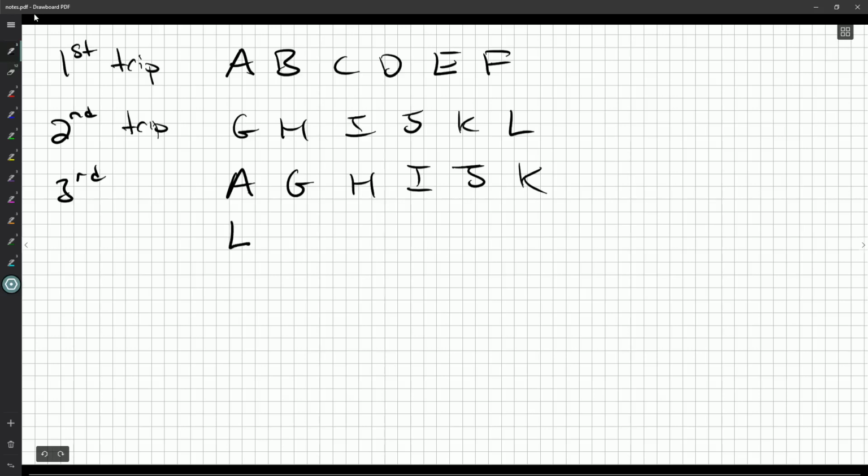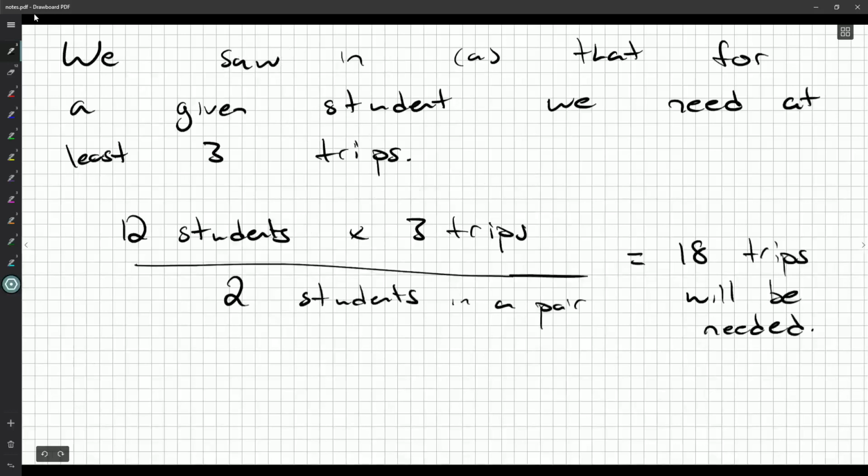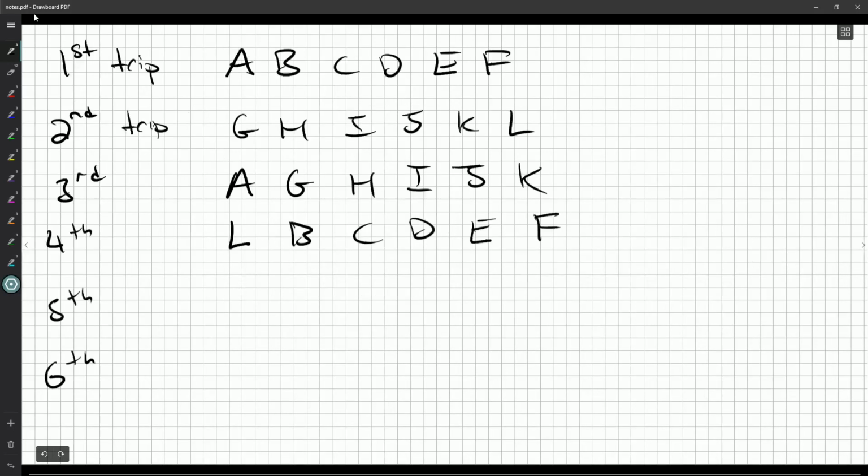Now we could have L be with B, C, D, E, F. Still don't have L and A together, which is not good. But I'm definitely thinking that we might need... There might be another way to view the question. And so I think 18 trips is actually getting a little high.